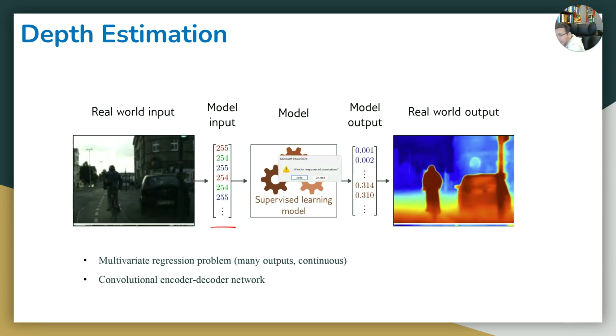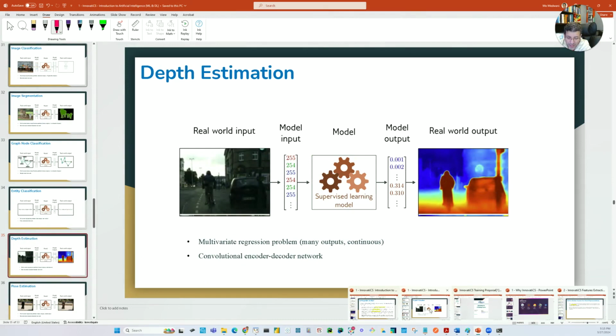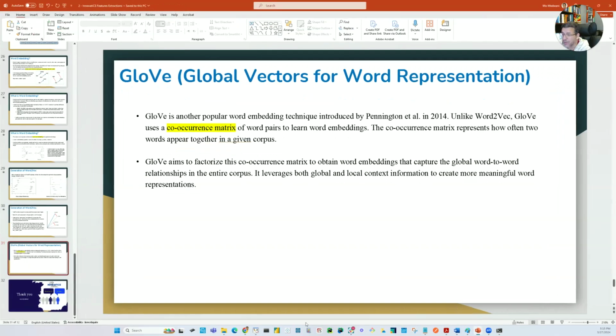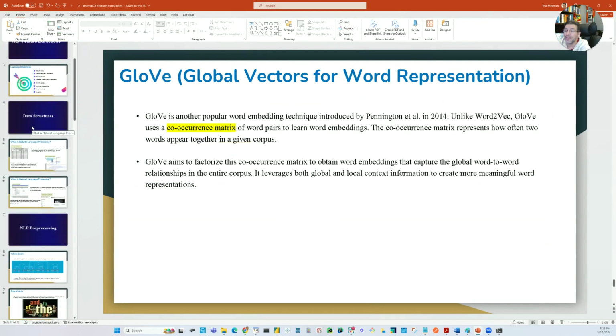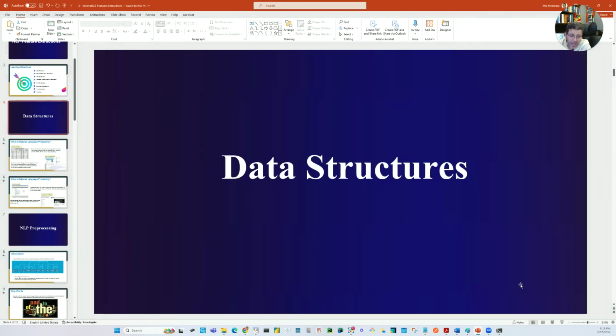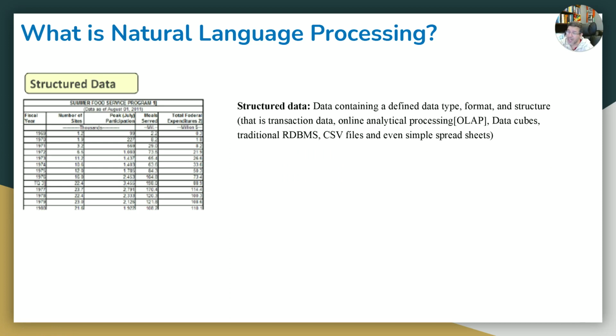In NLP, the way we do that is after pre-processing the data, then we need to vectorize. The process of converting the data into data that can be understood by a machine is called data vectorization. There are many types of data, as you already know. We have the structured data. This is the most common data, the data that most of the algorithms and scientific methods are built around.